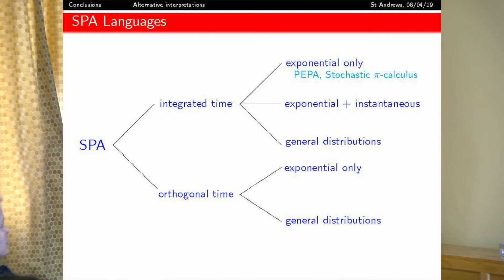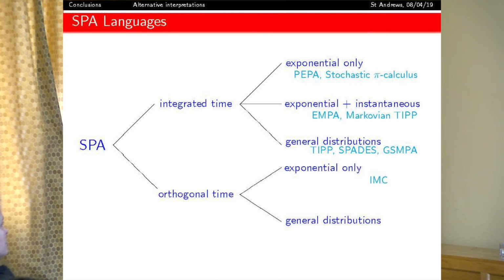So we've talked about PEPA. Another exponential-only language is something called the stochastic pi calculus. In the exponential and instantaneous, the best language is probably EMPA, from Italy. And then in general distributions, there's quite a few. So there's a language called TIPP, SPADES, and GSMPA, which is Generalized Stochastic Markov Process Algebra.